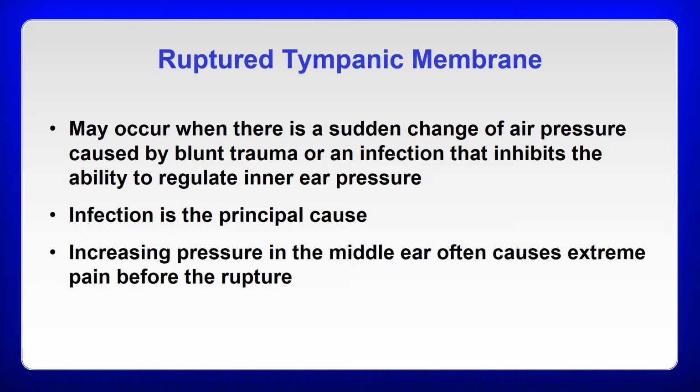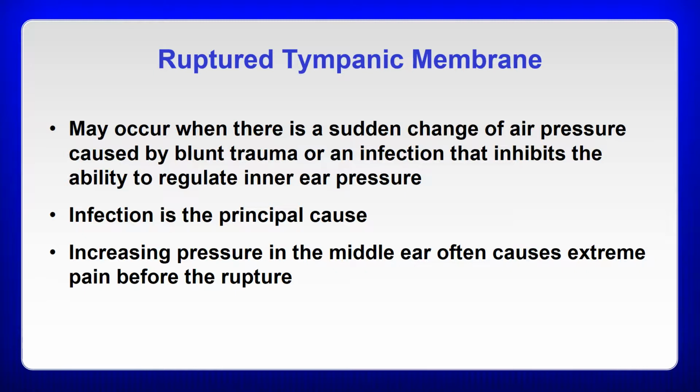Ruptured tympanic membrane. If you have a sudden change of air pressure, and this could be caused by a blunt trauma, so an athlete maybe gets hit in the ear, and it's a trauma in such a fashion that it actually causes a pressure wave that causes the eardrum to rupture, or just an infection that inhibits the ability to regulate the inner ear pressure.